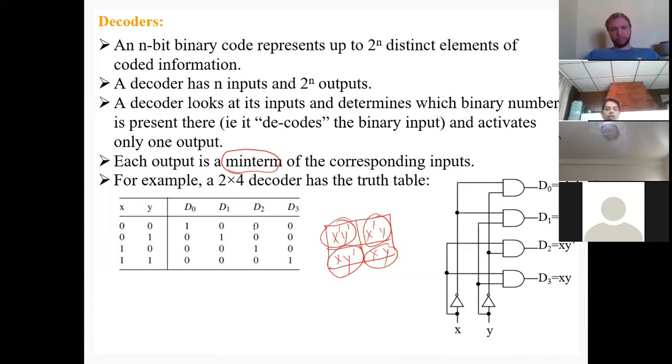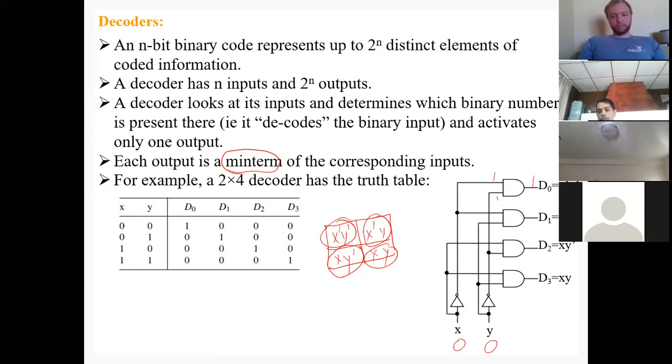Now, actually, when you have 2 inputs, the output it gives is the min term. Remember? So when x is 0, y is 0, what is this guy? 1, 1. This is exactly what happened here, remember? That's how we got this 1. So when x is 0, y is 0, what do you get here?